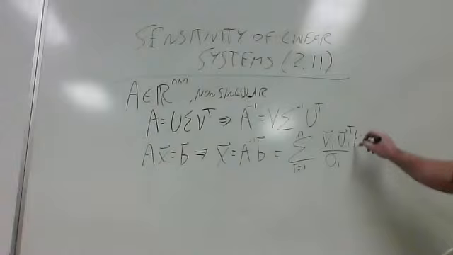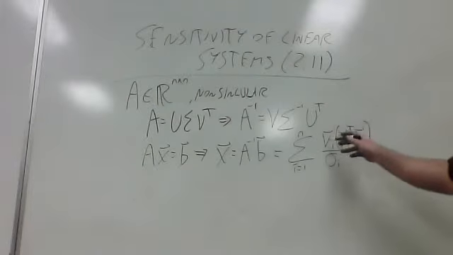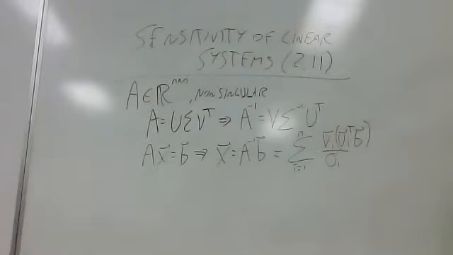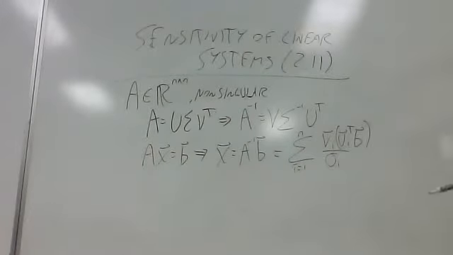I'm multiplying this by b, so I have b here. So here I have a dot product of each left singular vector with b multiplied by the vector v_i. So the solution is a linear combination of right singular vectors.